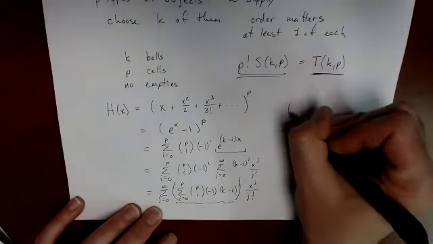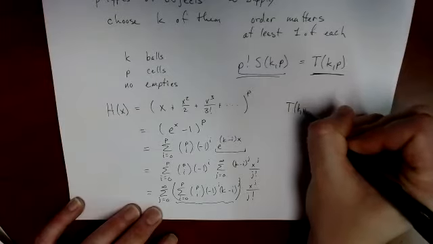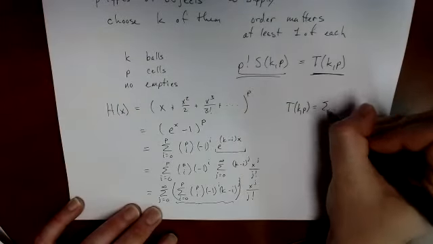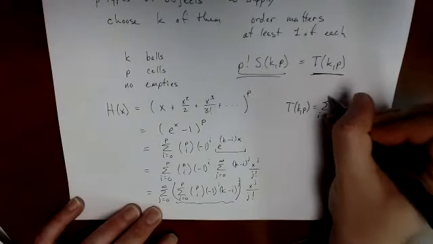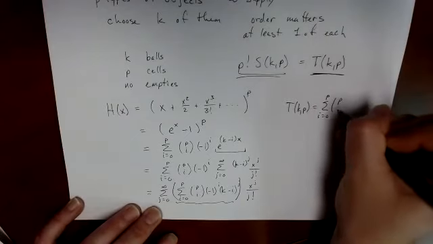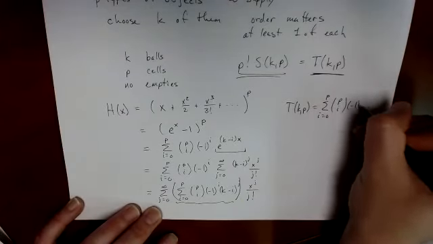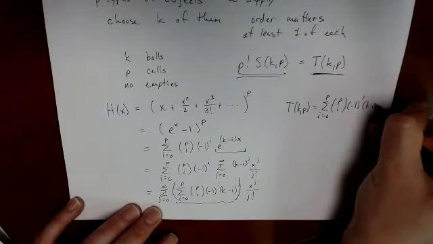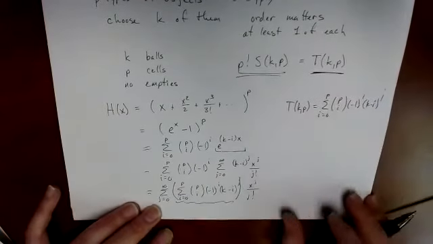So t of k comma p equals the sum as i goes from 0 to p of p choose i, minus 1 to the i, k minus i to the j.